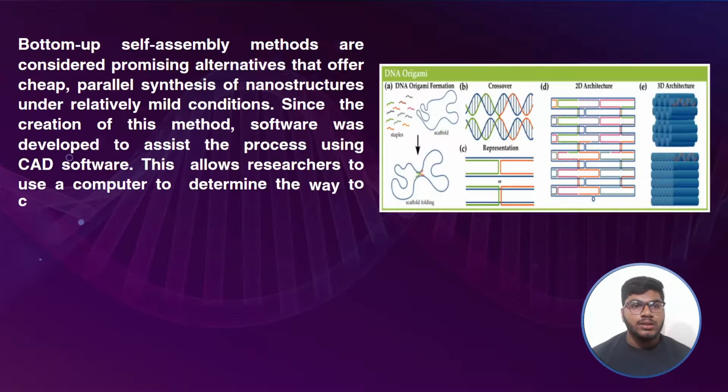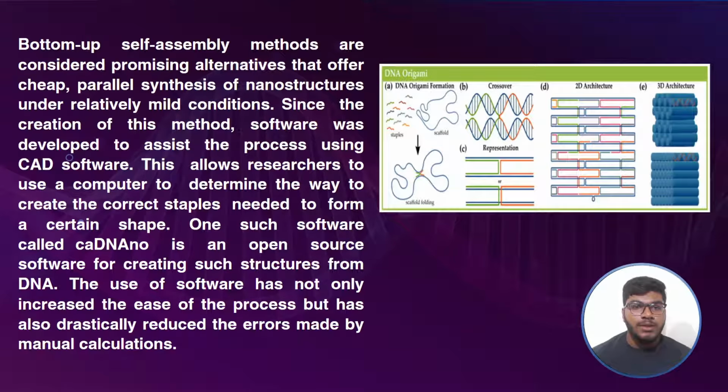The bottom-up self-assembly methods are considered promising alternatives that offer cheap parallel synthesis of nanostructures under relatively mild conditions. Since the creation of this method, software was developed to assist the process using CAD software. This allows researchers to use a computer to determine how to create the correct staples needed to form a certain shape.